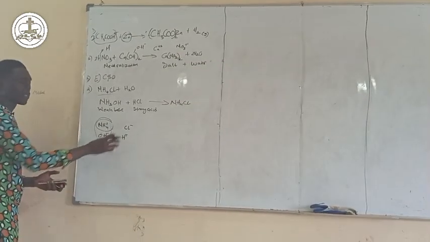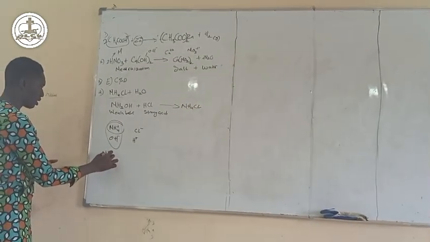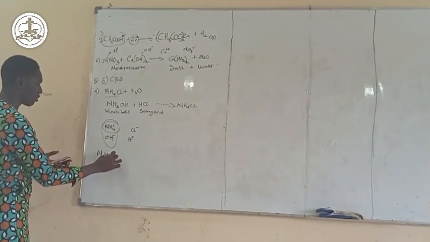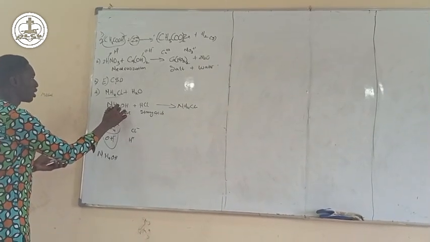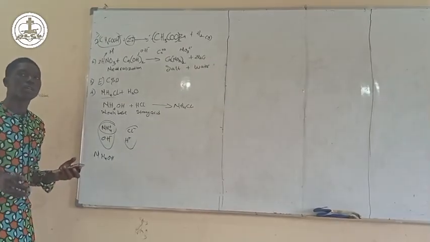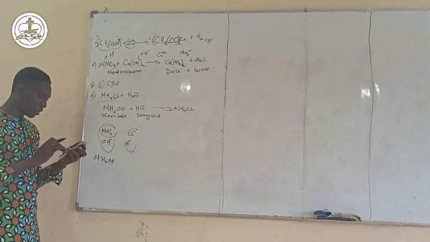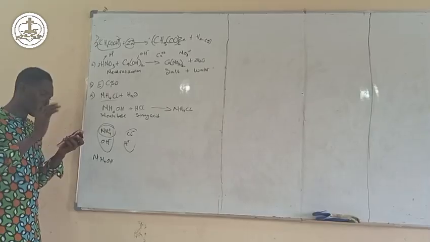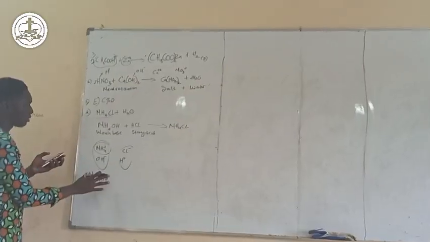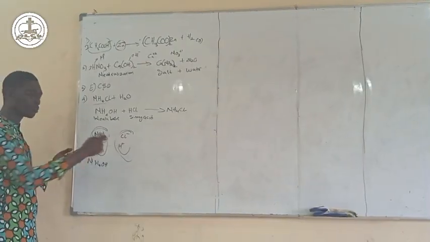So they still remain as ions, but this will combine again to form NH4OH, while the others remain as ions in the solution. So the solution becomes acidic. We have it in the option there: A is the answer. The solution becomes acidic because as this is converted to base over time, we only have hydrogen ions, which make the solution acidic.